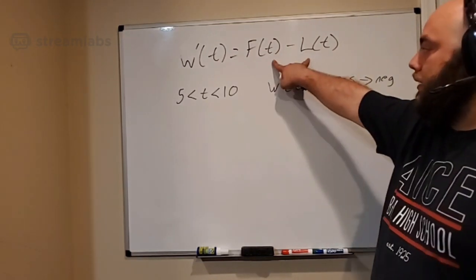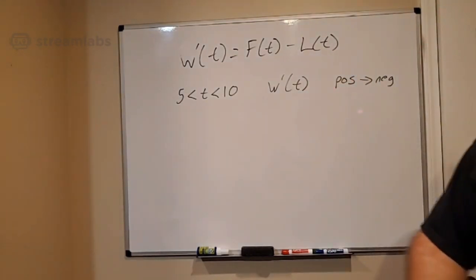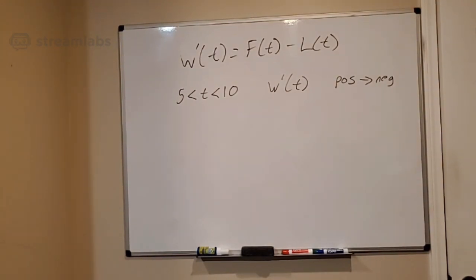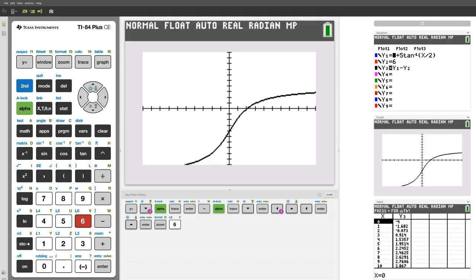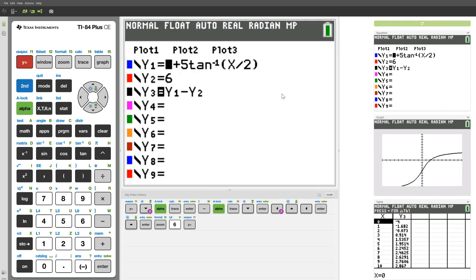A really nice thing to do, in case you don't know this, on the graphing calculator. So if you look at my y equals, notice how I have a function y1 and a function y2 in there. For y3, I can then do y1 minus y2. Couple of things to point out. Notice on my graph how only the third function is graphed.